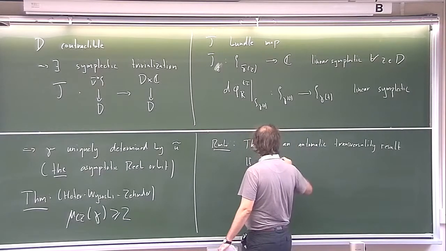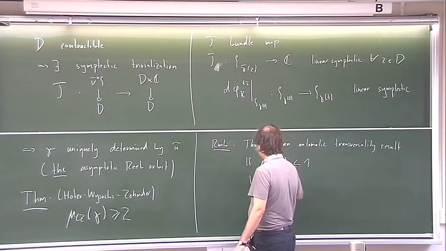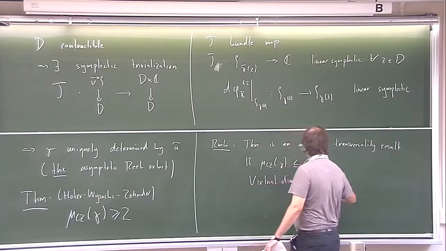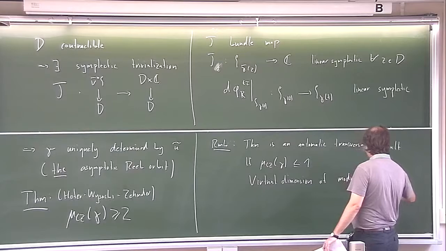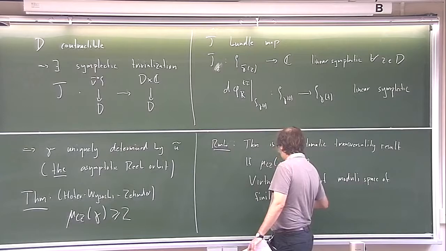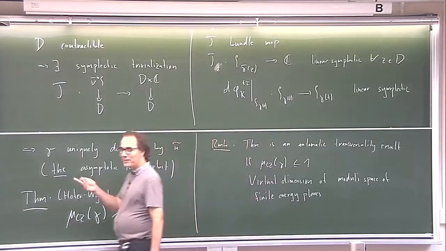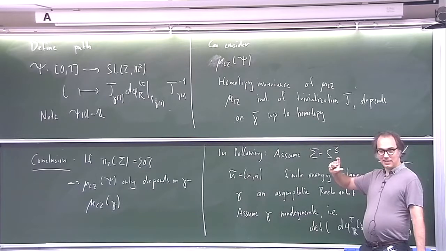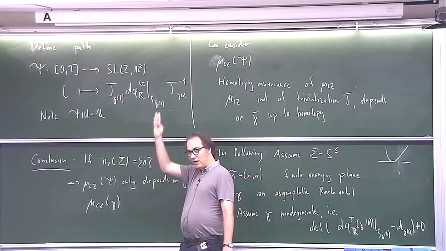if mu of gamma is less than or equal to 1, then the virtual dimension of the moduli space of finite energy planes, and actually modulo gauge, is negative. That also makes it so difficult, because we always have this gauge action. We have the Dirac similitudes as reparametrization, and we have the R action.